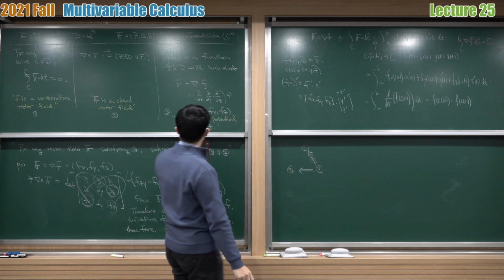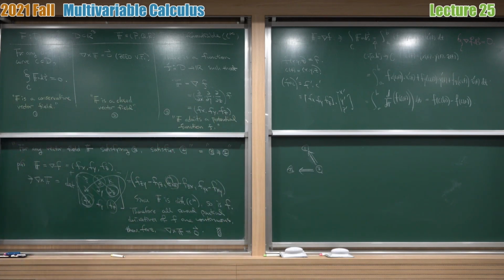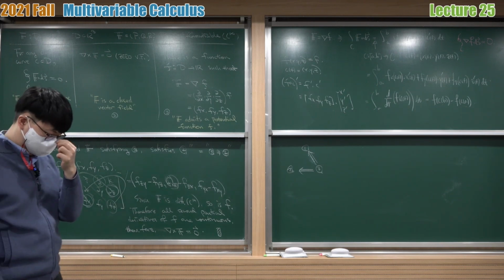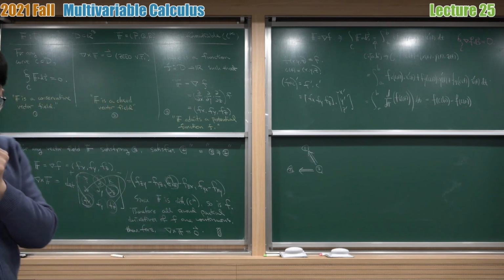How about the relation between 1 and 2? 2 goes to 1 is actually harder.